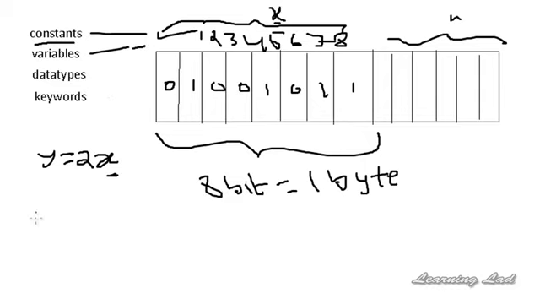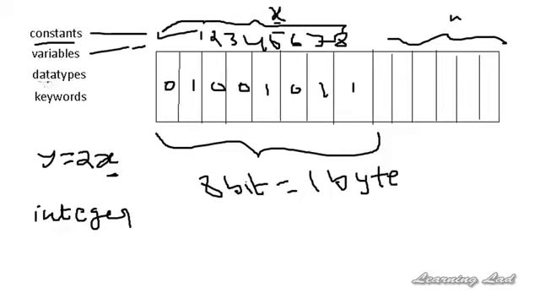So we have integer data types, which refer to the integer constants. We have character data types, which refer to character constants. We have floating point, we have boolean, and one special data type is there, which is called void, which is normally used with functions just to indicate that a particular function is not going to return any values, which we're going to learn later in the tutorials on functions.